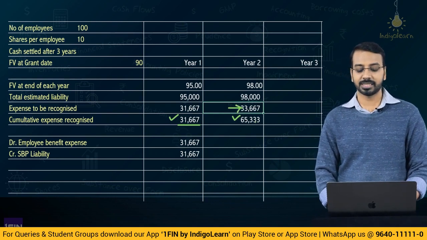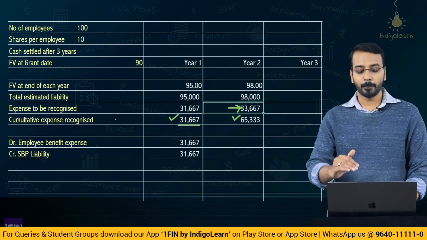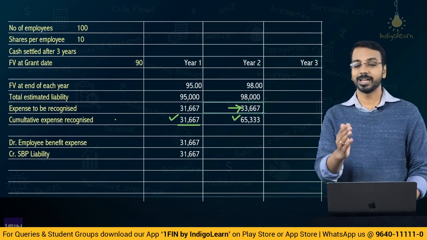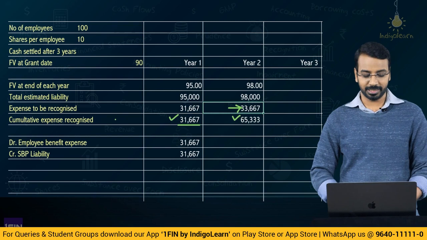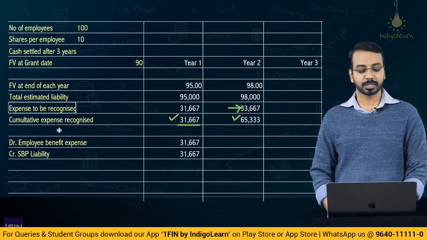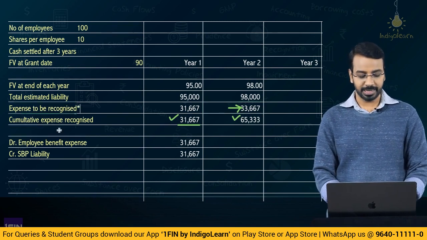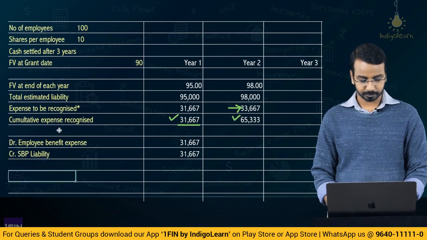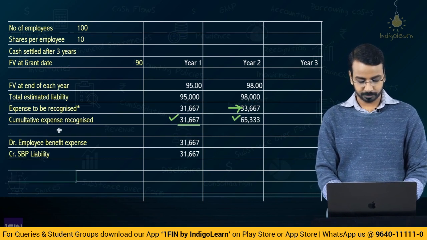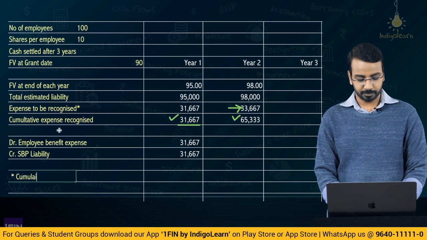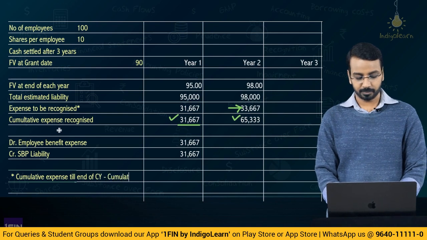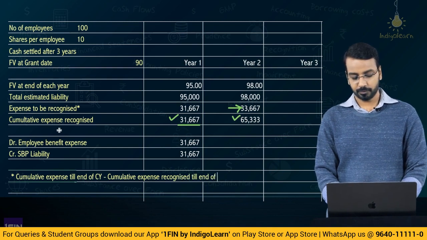So this 33,667 is nothing but cumulative expense to be recognized minus cumulative expenses already recognized. So if you want, you can just make a note here saying that this expense to be recognized is nothing but cumulative expense till end of current year minus cumulative expense recognized till end of previous year.